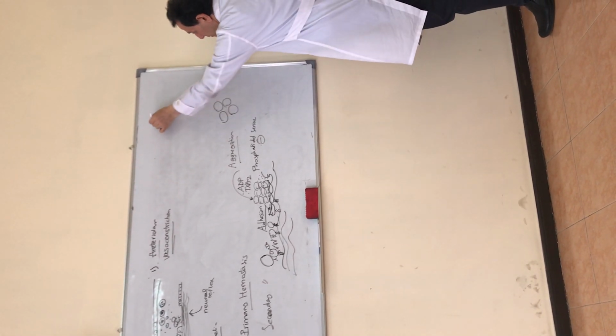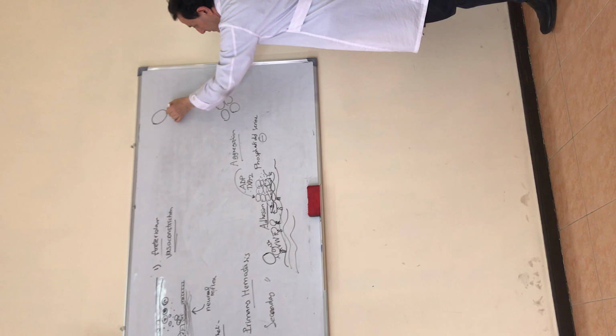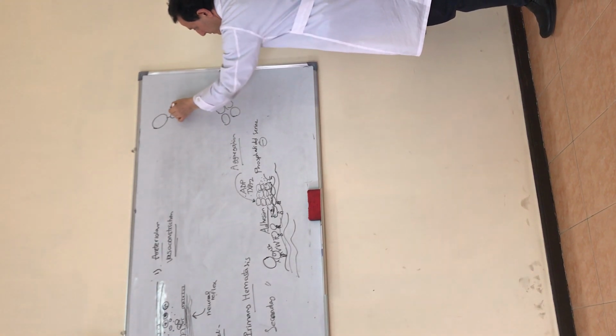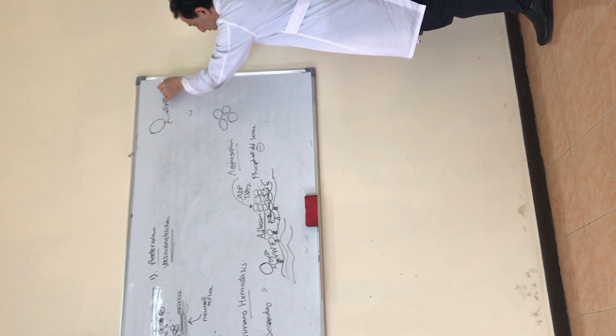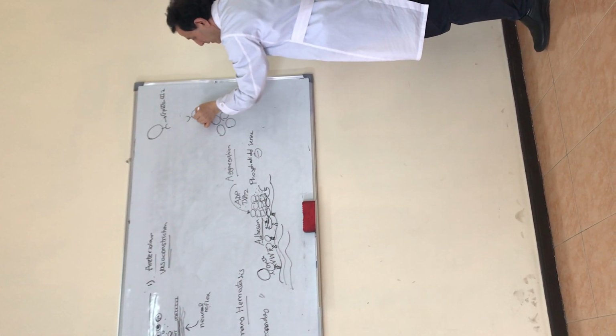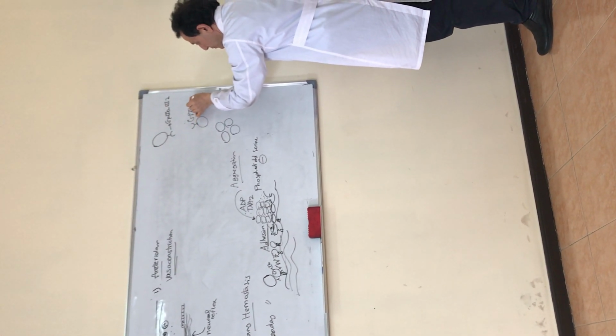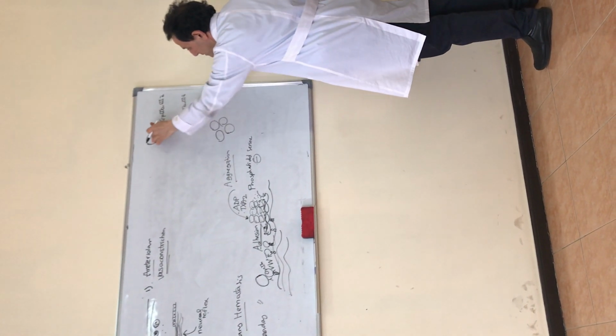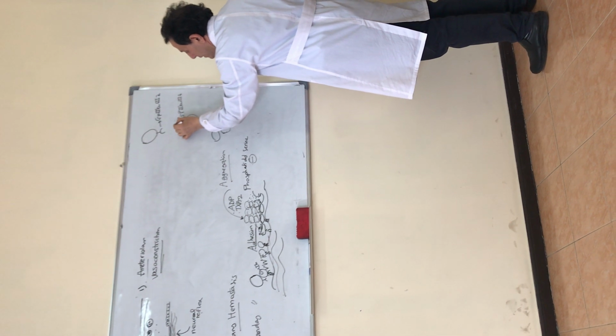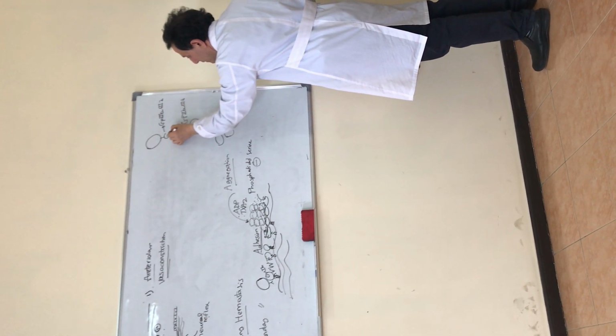And this binding is through another receptor called GP2B3A. This is one platelet, this is another, but with the help of fibrinogen.